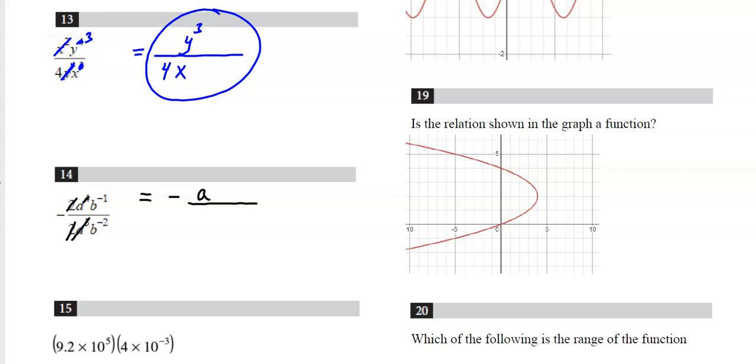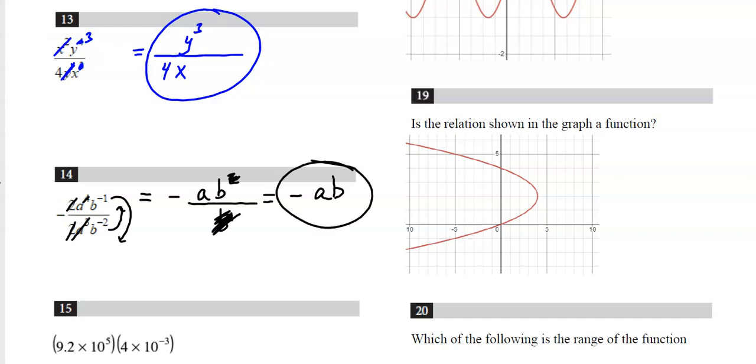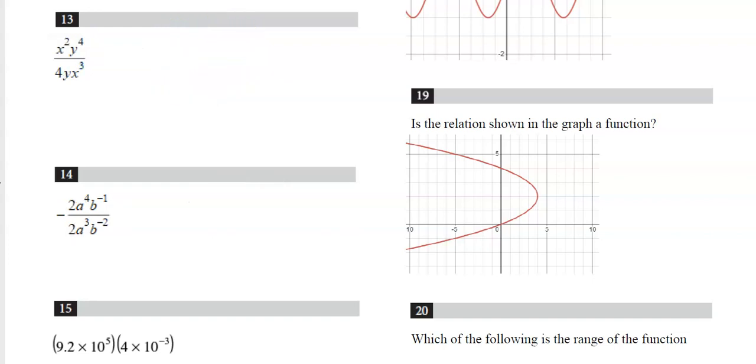The b's, when I flip them around, you got to go up top and become positive. You got to go on bottom and become positive. And so now I need to tighten up my b's. And I'm just going to end up with negative a, and there'll be one b on top. The whole bottom disappears. I'm down to just one of those. So correct answer, just negative ab.